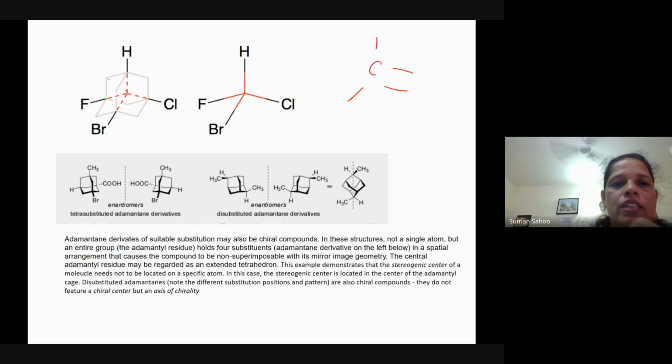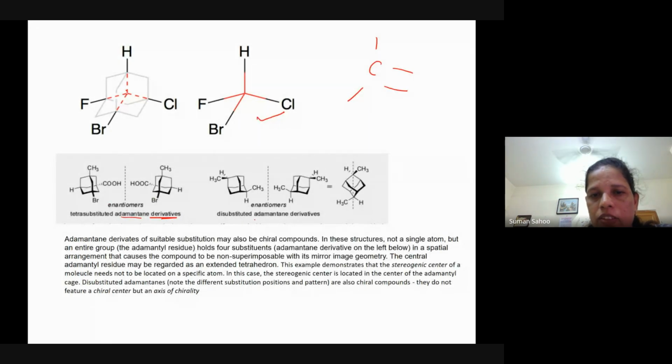When you have four different substituents, adamantane is optically active, but when you have three different substituents present at these positions, that also behaves as chiral. You can see this tetrasubstituted adamantane derivative has enantiomers. Even disubstituted derivatives have enantiomers.